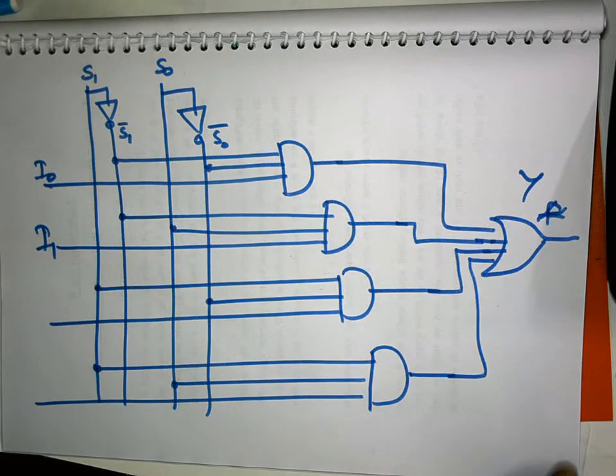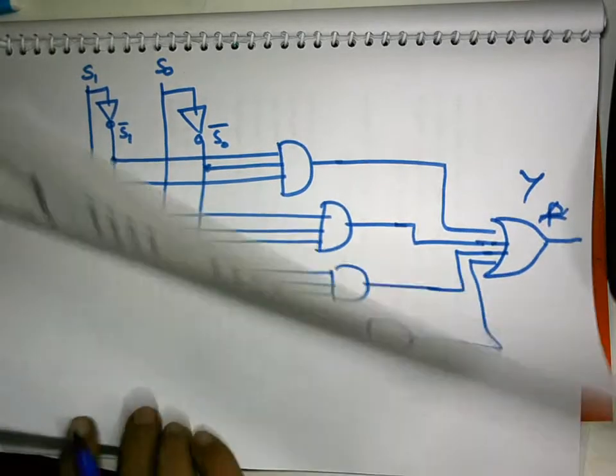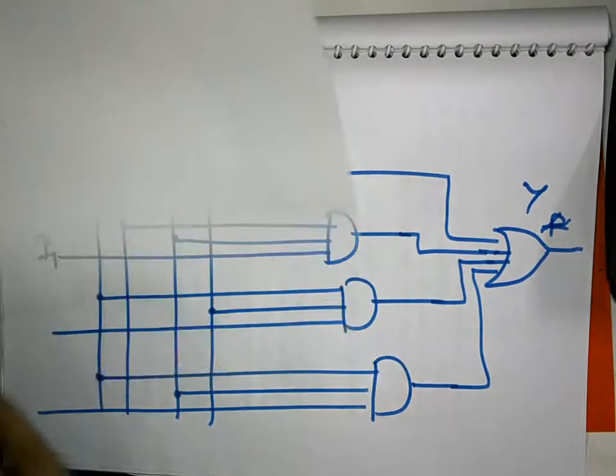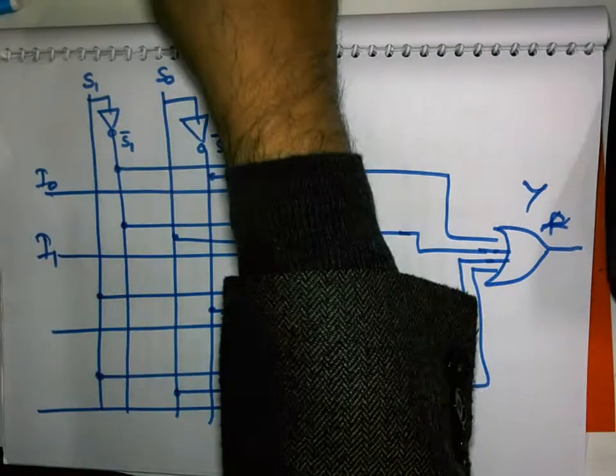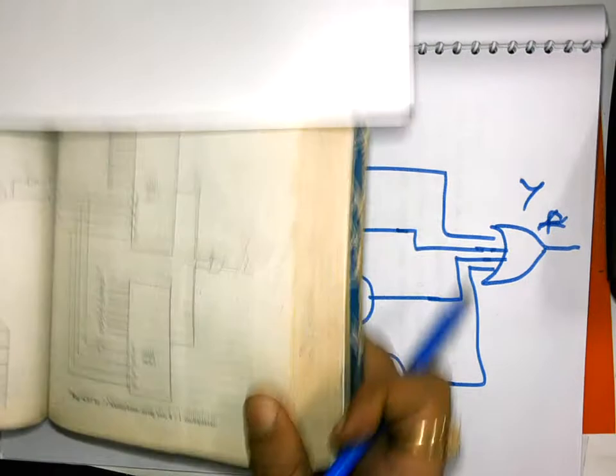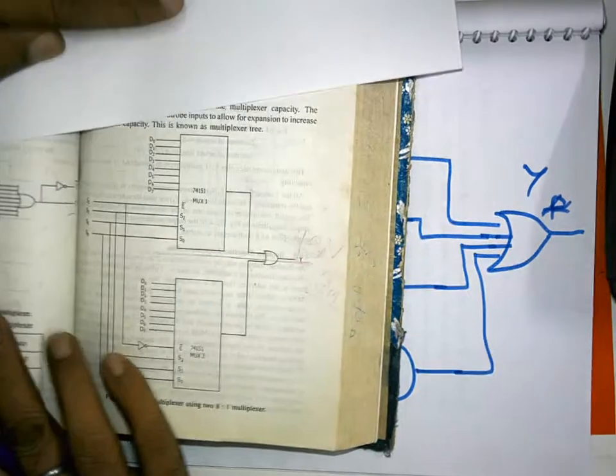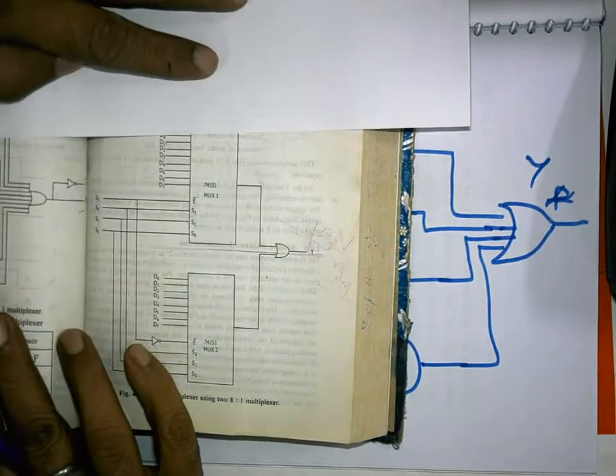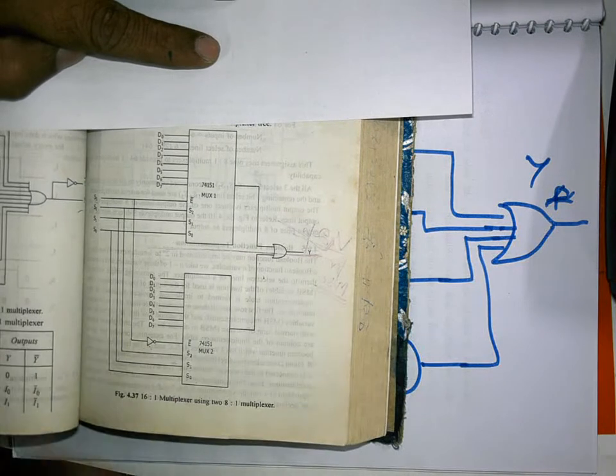Suppose I am showing you one example of this in the drawing of the book itself, because drawing it will take more time. So just to save time, I am showing this drawing to you. Simply I will zoom it and show it to you.